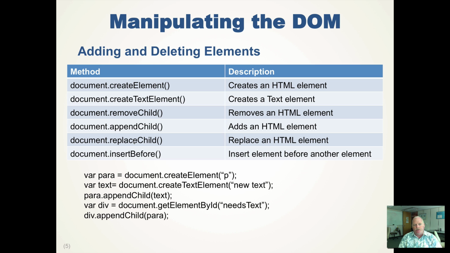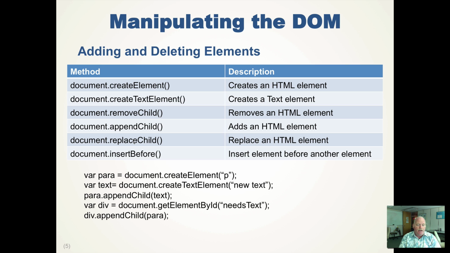So how do we add and delete items from the DOM? Well, first, to create one, we say document create element, and then we supply the tag that we want to create, and that will create an empty element with that tag. In the first line there, we did var para equals document create element p, so we've created a p tag. The next method is create text node, which creates a text node with the given text.